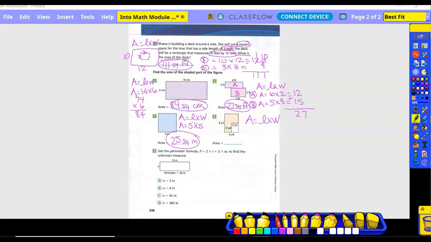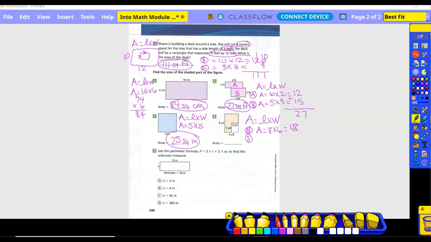So what are we going to do first? So the large area or the big area would be what? Area equals 8 times 6, which is what? 48.